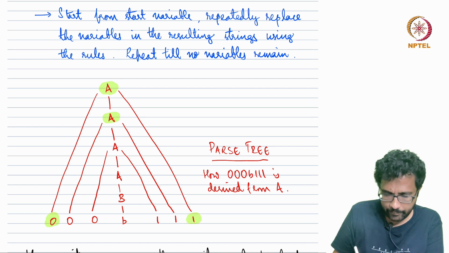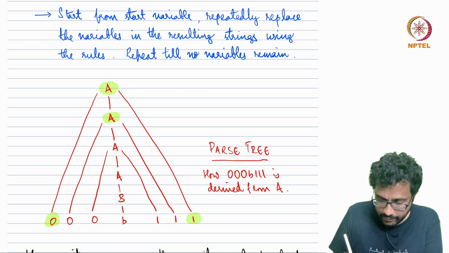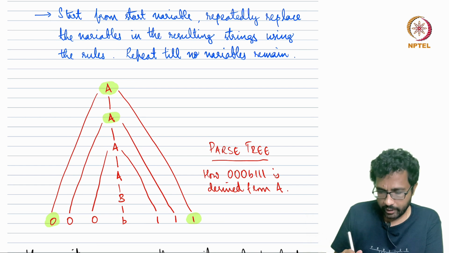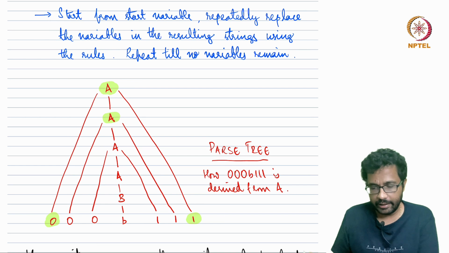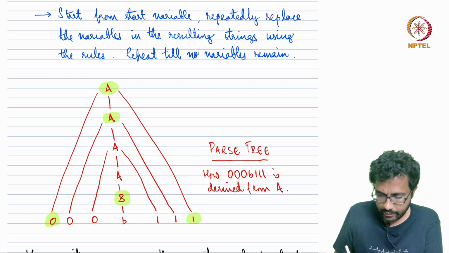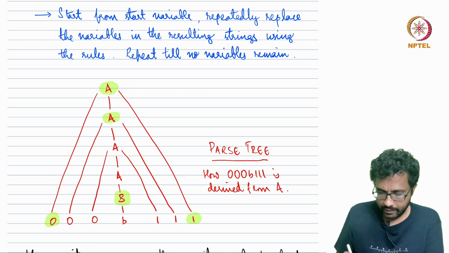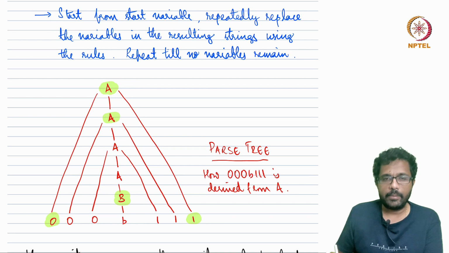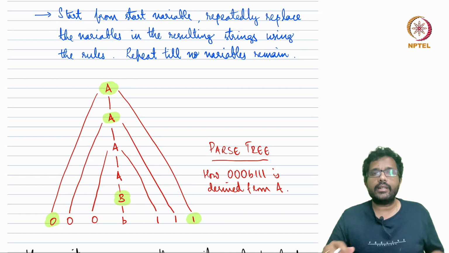The topmost A yielded 0A1, the second A again yielded 0A1, and the third A yet again yielded 0A1. That's how we got 000 at the beginning and 111 at the end. But the fourth A just yielded a B, and capital B just yielded a small b, and that's how we got 000b111. This is the same derivation, but written in tree form.